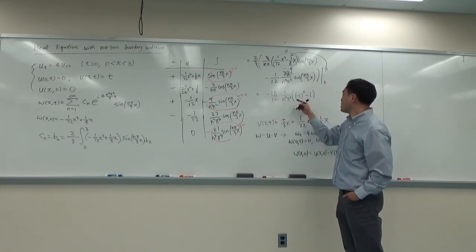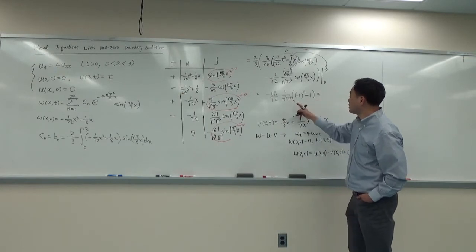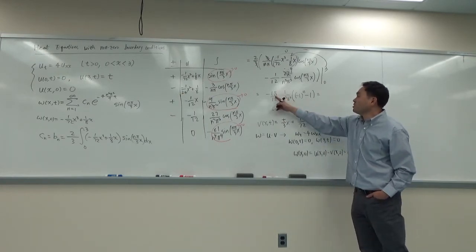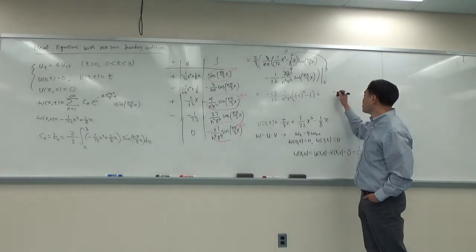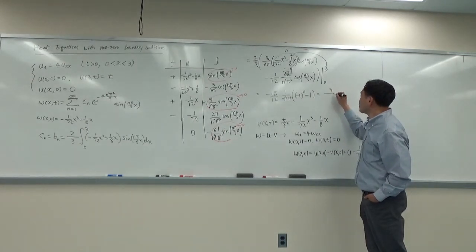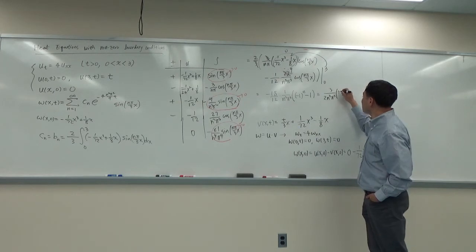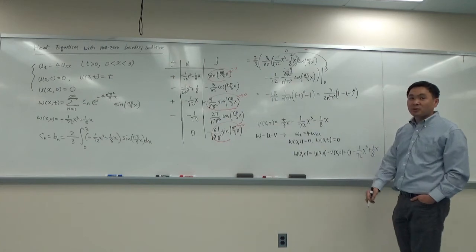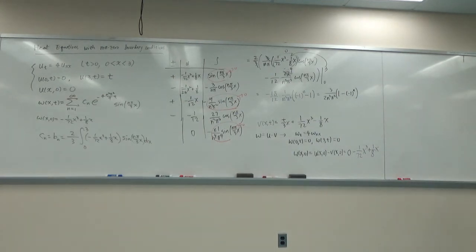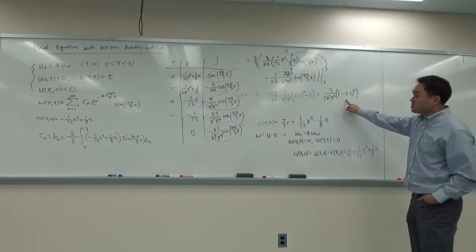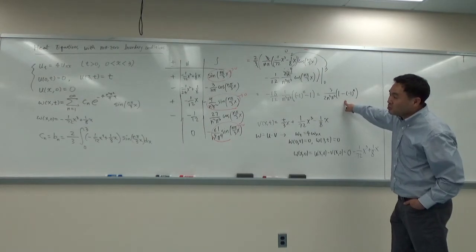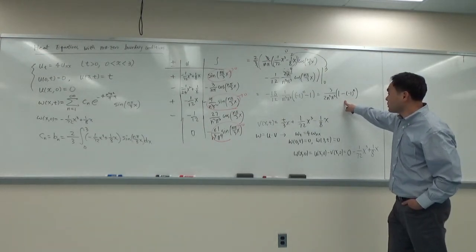And with this minus, I can switch over, and 18 over 12 is 3 over 2, so it's 3 over 2 n cubed pi cubed times 1 minus negative 1 to the nth power. All right, now that was really hard, but I managed to do it. So this one is your b_n, okay?